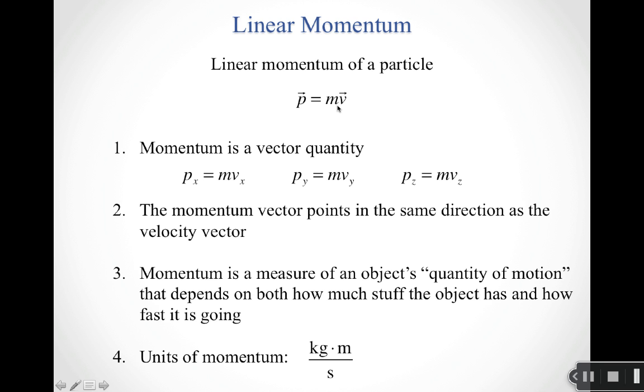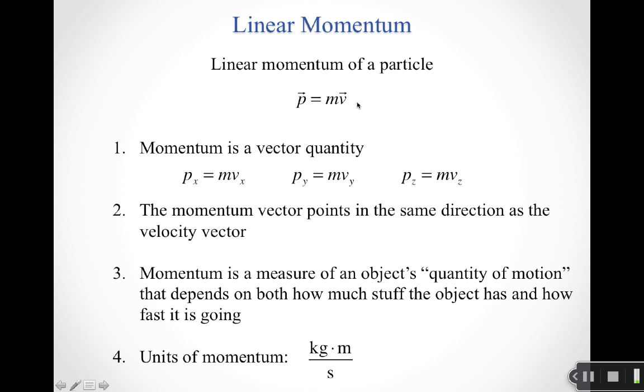Because mass is always a positive quantity, the second thing I see here is that the momentum vector always points in the same direction as the velocity vector. And that is going to be very useful because we don't have a lot of experience thinking about the momentum of a system, but we do have some experience thinking about the velocity of a system. Thinking about what a particle's velocity is, its direction, whether it's changing or not, we have some experience with that.